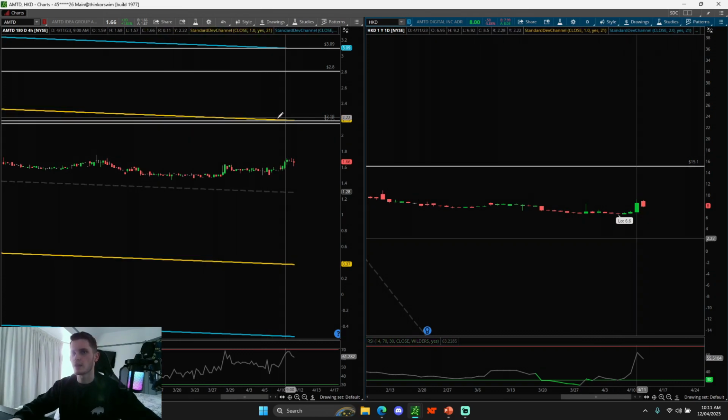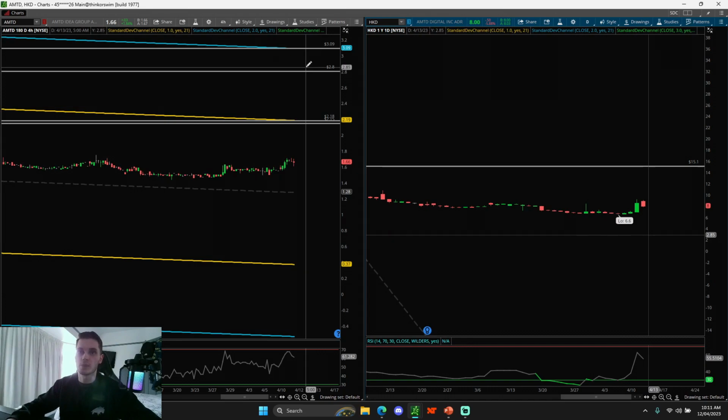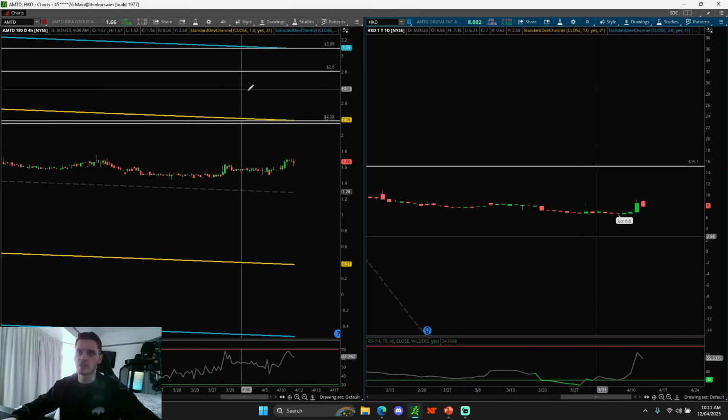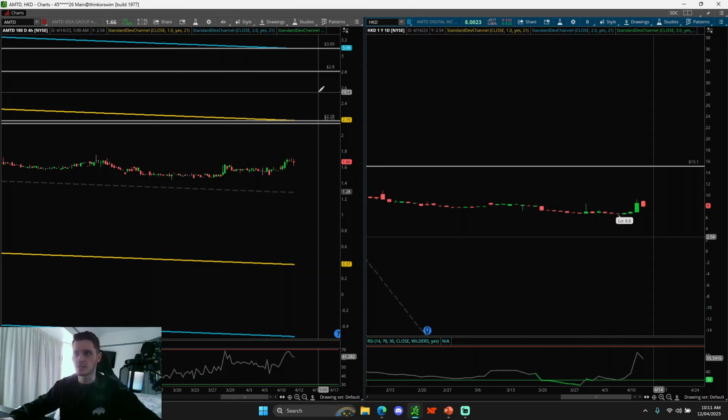If it can hold on AMTD, grab that long, and then look to make that move to around 280 on AMTD as we come into there. Then lock in profits on HKD depending on where its price is. That's really how I'd be looking at HKD, doing the analysis over on AMTD.